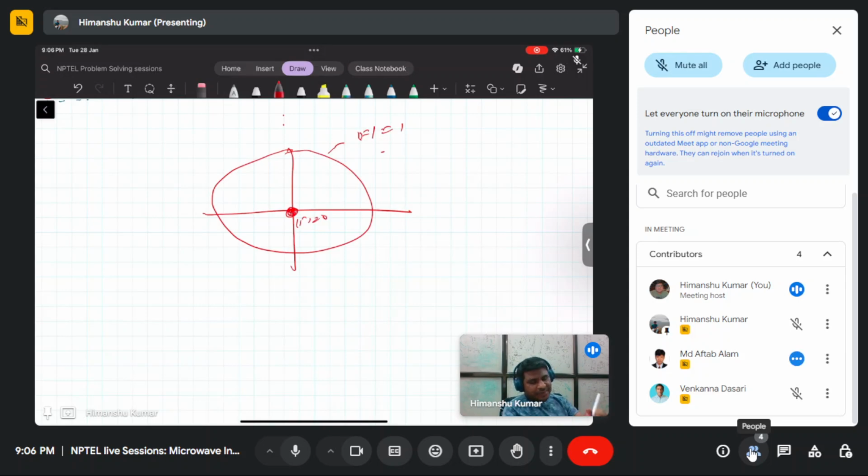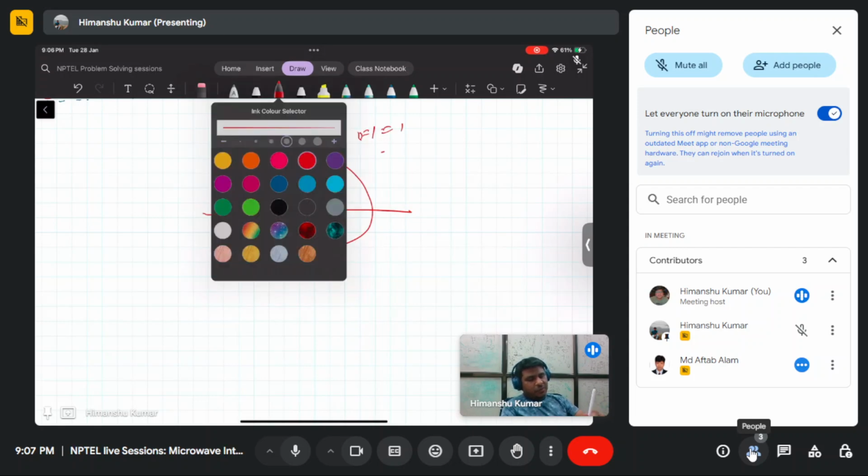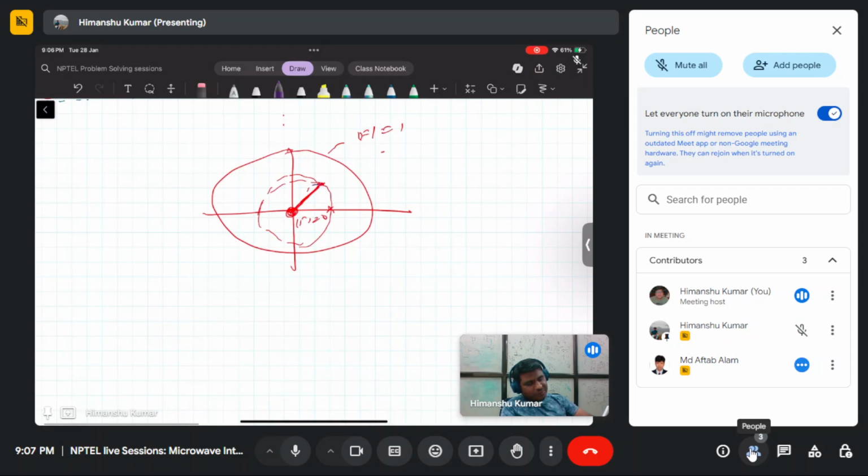So any load impedance, if you want to match it, let's say it's here. If you draw a concentric circle by taking this much radius, then that is your reflection coefficient where it intersects the line here, and on that scale you can read and calculate the reflection coefficient. To match, you need to transfer this point to the center of the Smith chart.